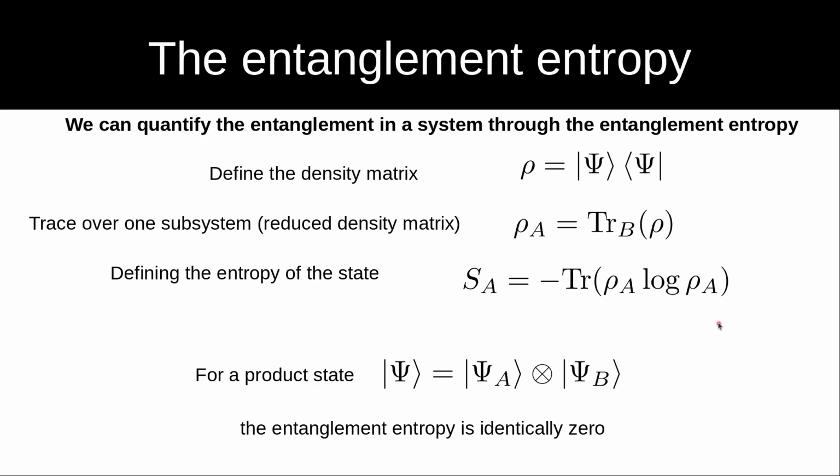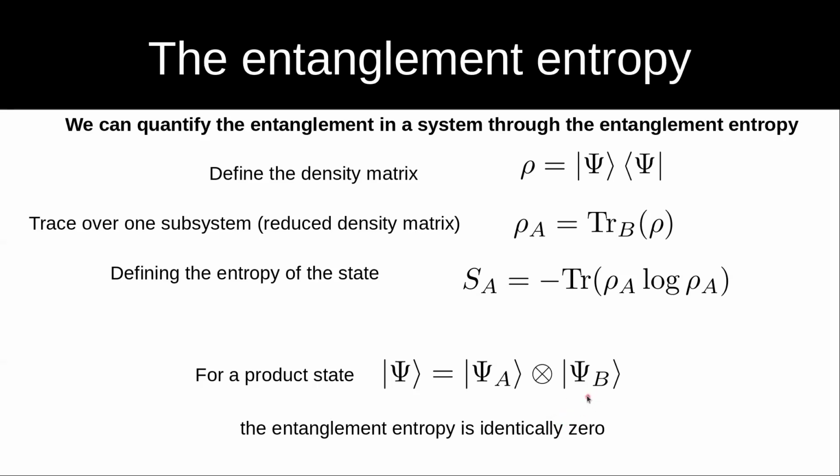What is important is that this entropy is 0 for a product state, namely a state that is a tensor product between a state in subsystem A and a state in subsystem B. For some states, it is going to be non-zero.